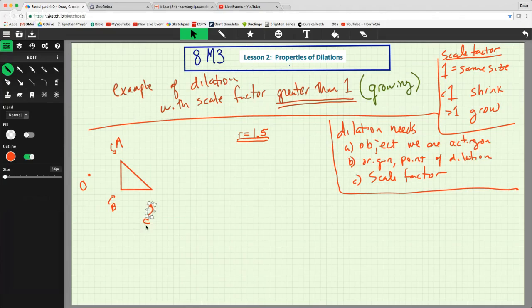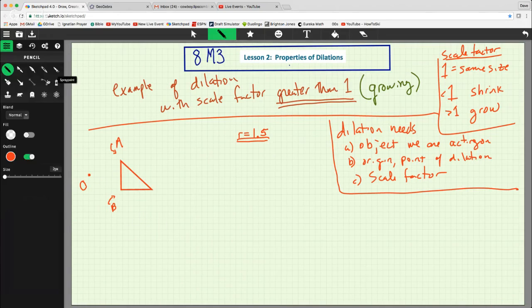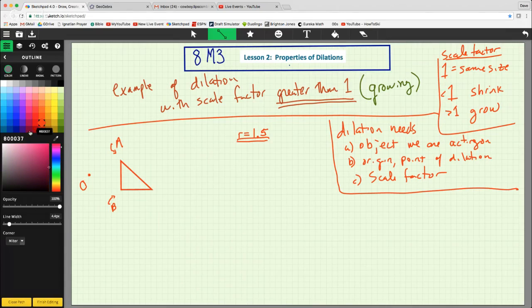Okay, so I'm going to get A, B, and C out of the way. Let me just delete them here, because I have to perform this dilation. So we are going to take our ray, and we're going to go from here to here, and that's our original ray.